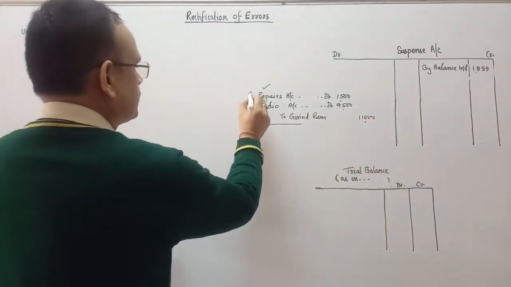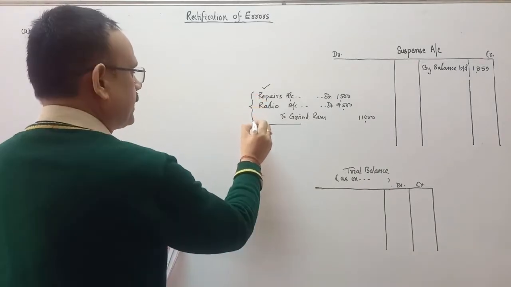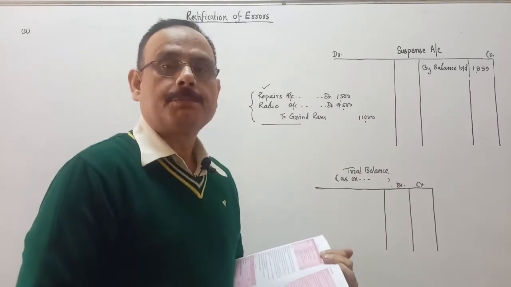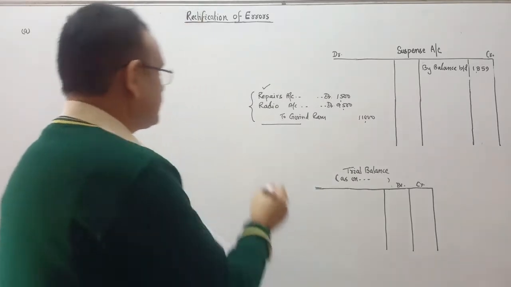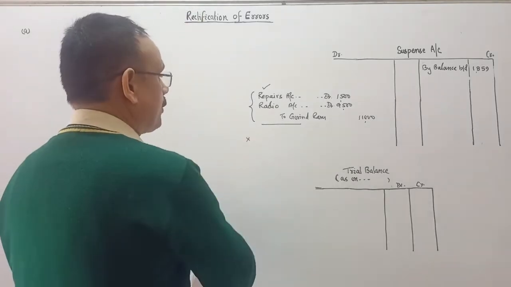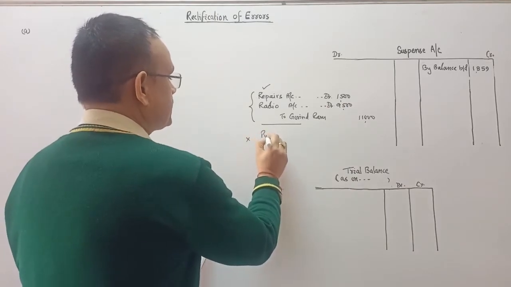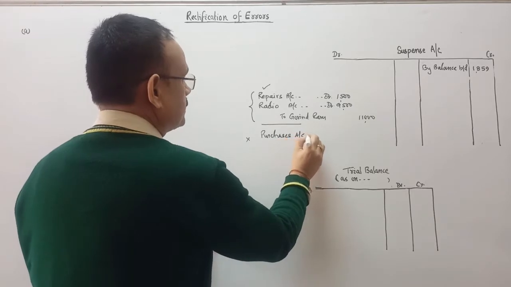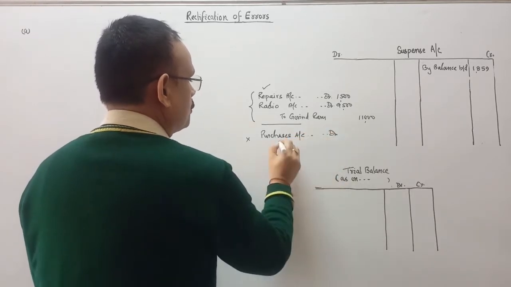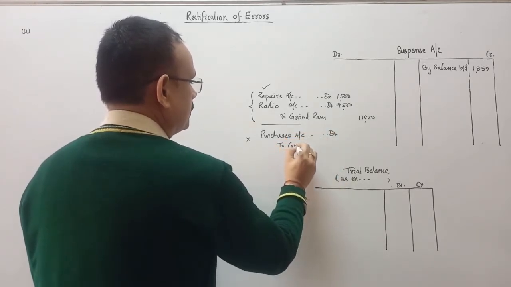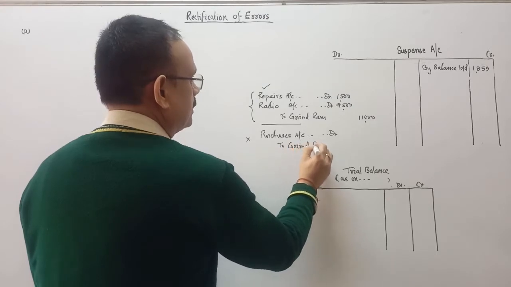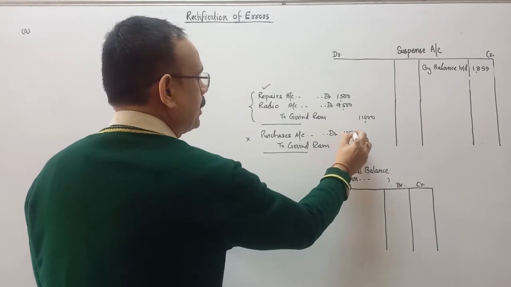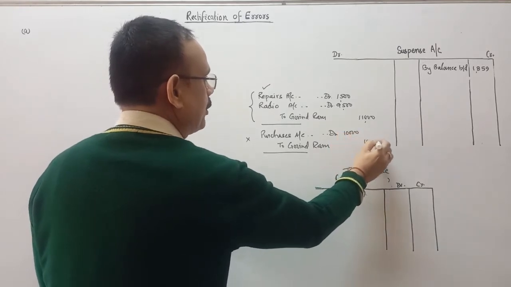Instead of doing this entry, the accountant has entered this transaction in the purchase book as rupees 10,000. They have done the wrong entry, purchase account debit to Govind Ram.